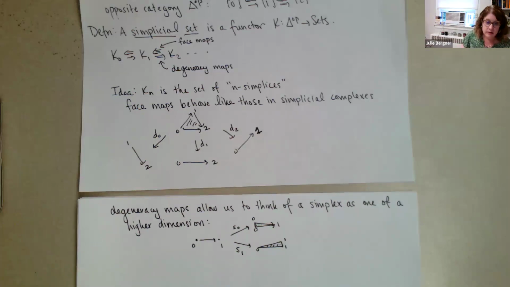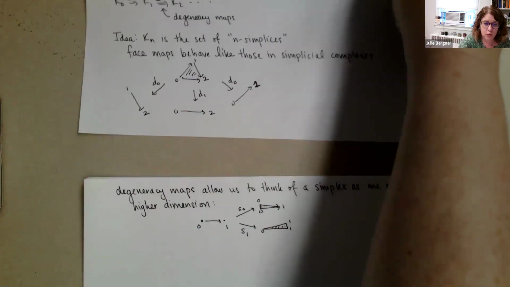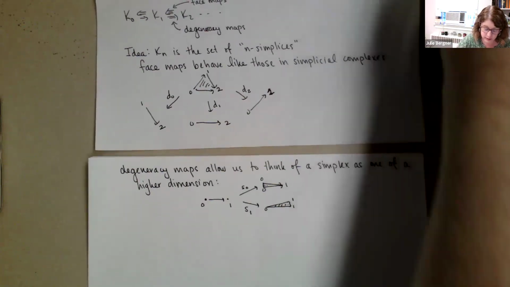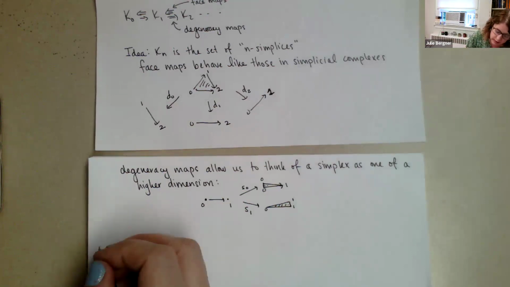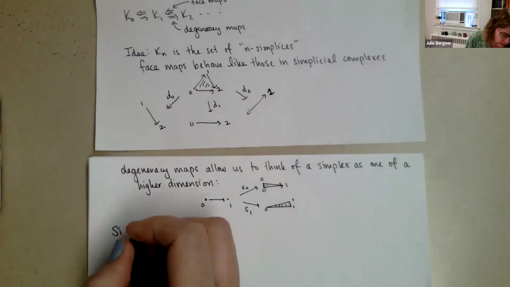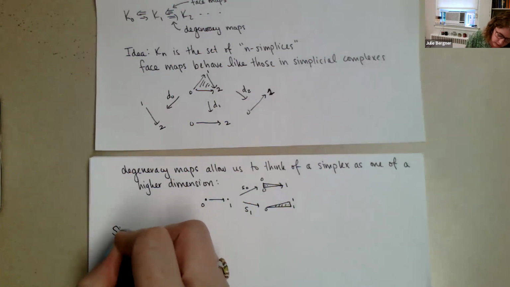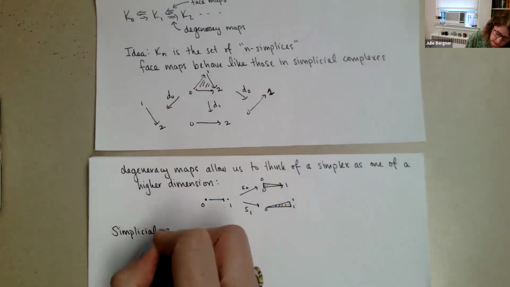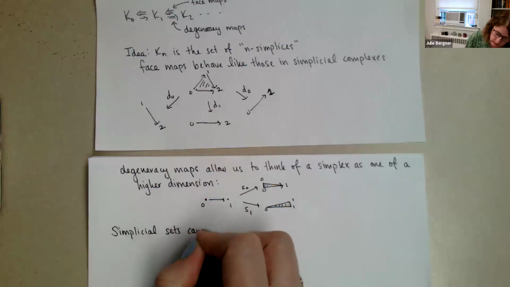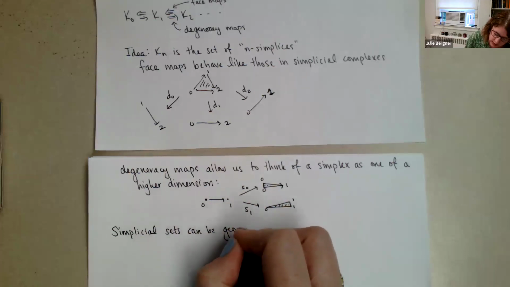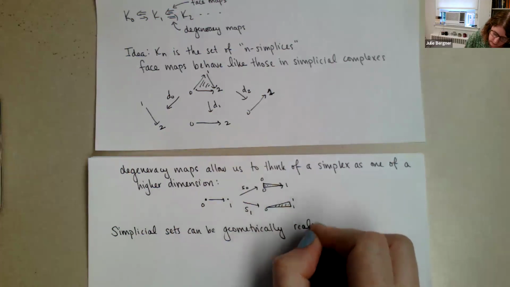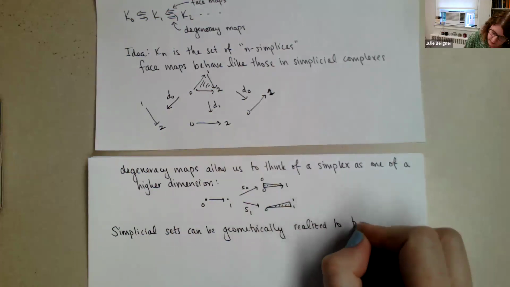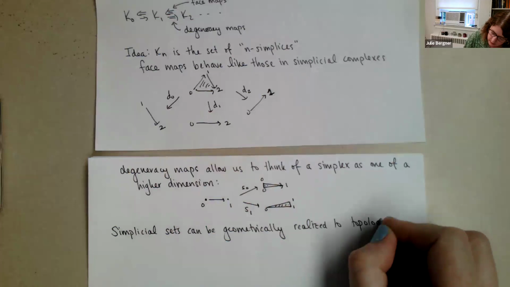All right. Why these were originally developed was to model topological spaces in a combinatorial way. I'm not going to talk about this in detail, but simplicial sets can be geometrically realized to topological spaces.